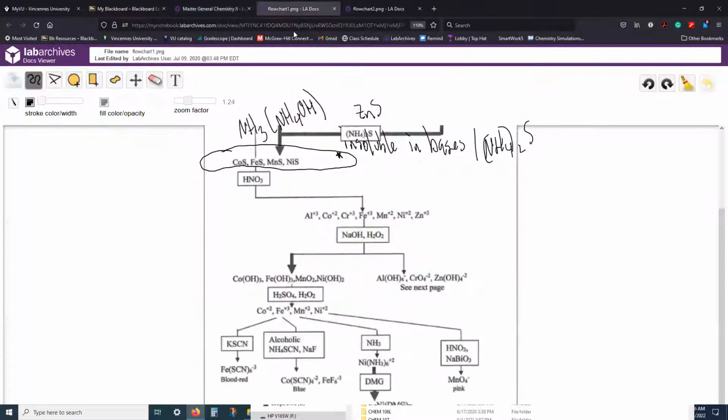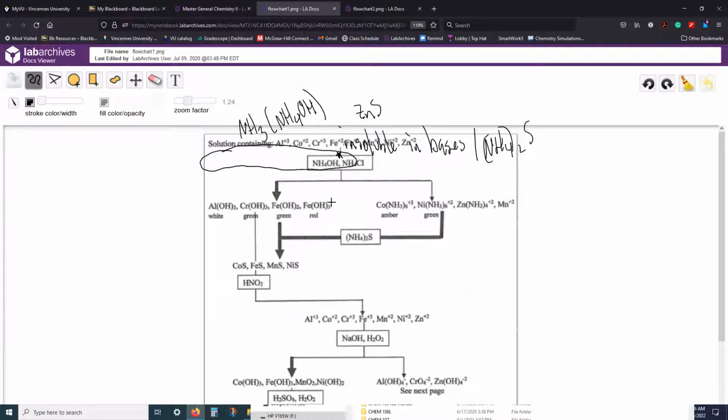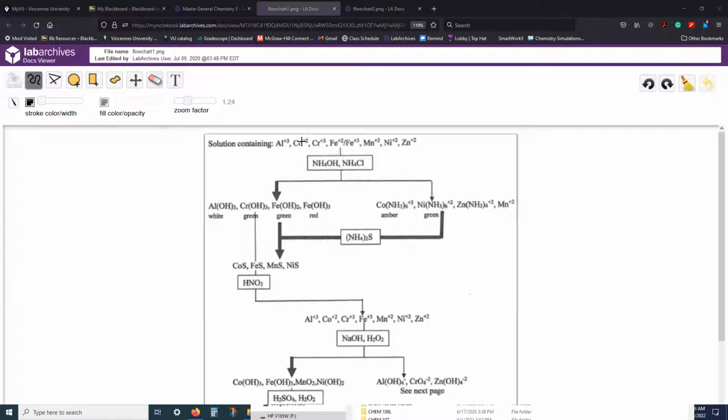So if we're looking at our flow chart here, we can see that that's what this first step is all about. Some of the compounds are going to form hydroxides. Some of them are going to form complexes: cobalt, nickel, and zinc. And then manganese is actually going to do neither.